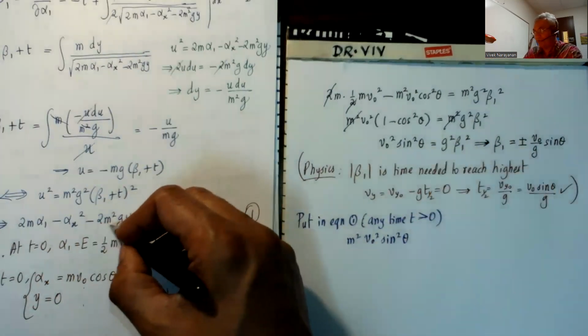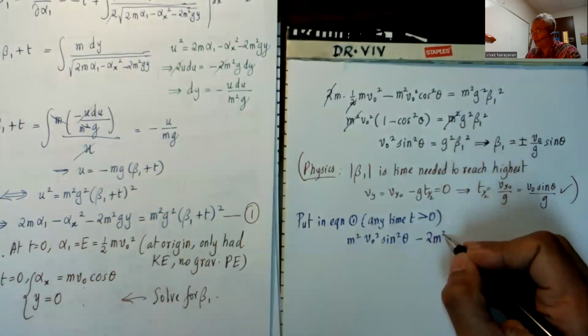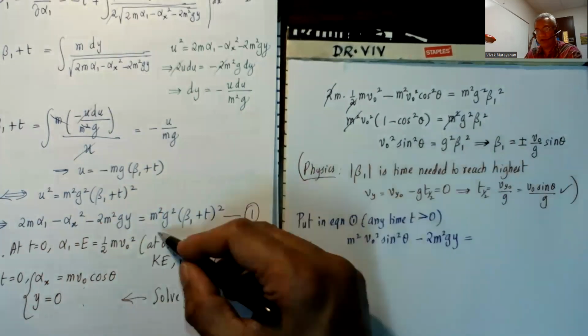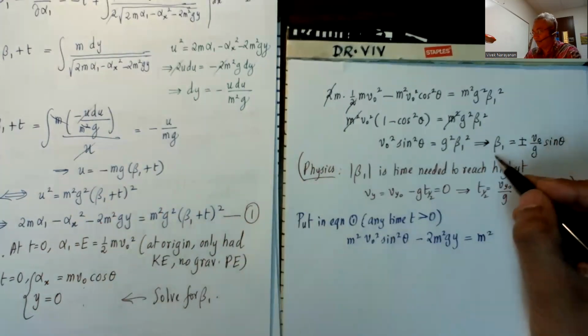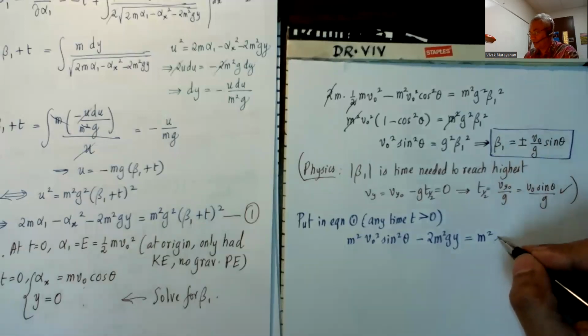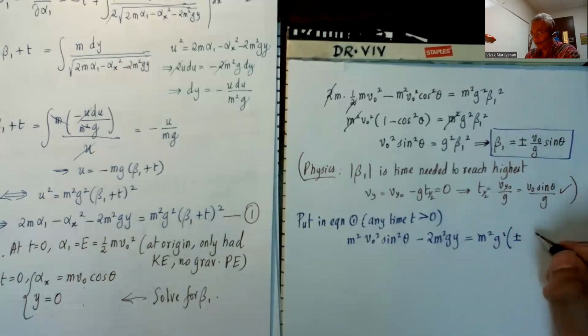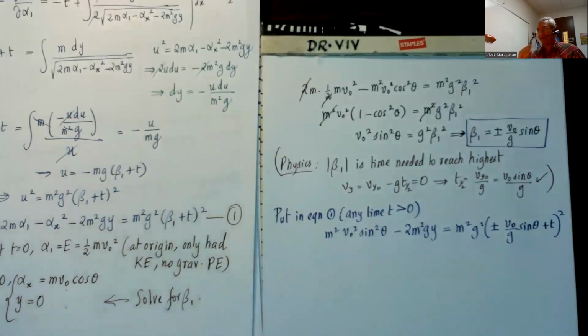But this time I won't have this term be 0, so it's going to be negative 2m squared gy equals all the stuff to the right with the beta put in there. Beta 1 is that: m squared g squared. I'm going to put plus or minus because I'm afraid I might miss out on important information if I lose the negative sign. So I've put it back in equation 1 and it looks like that.